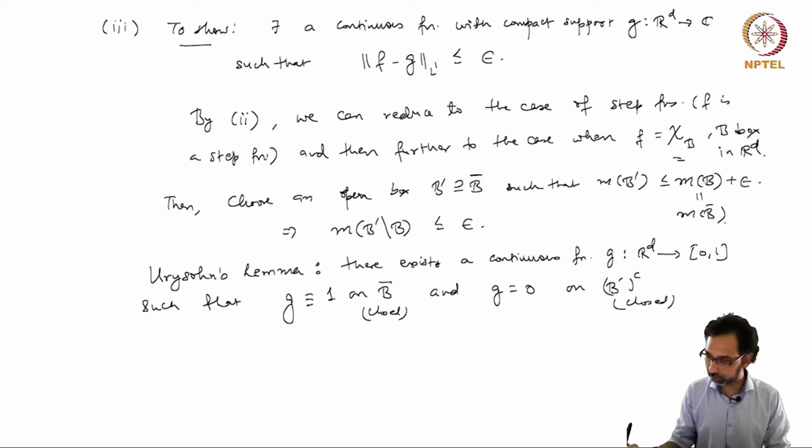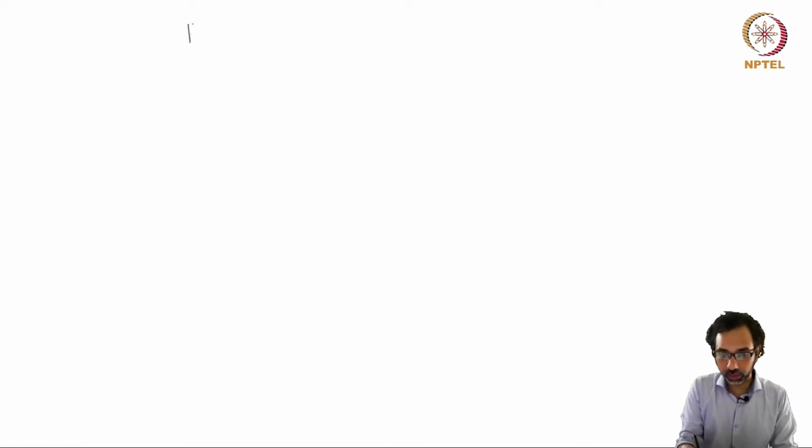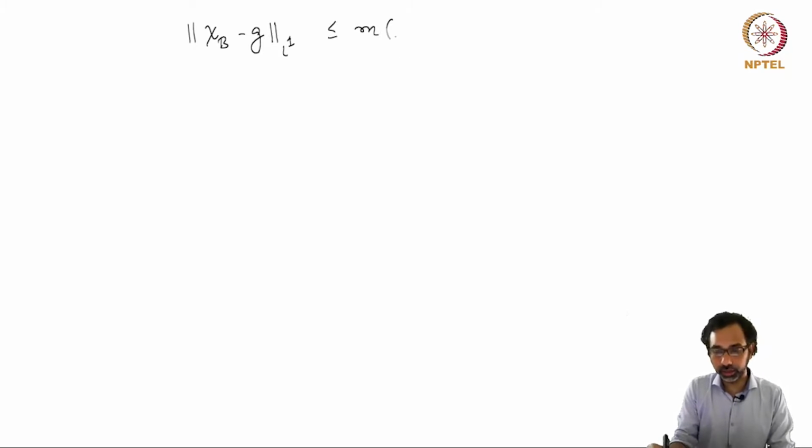So we are going to use this to determine our g. In fact this is the g we want, because the L1 norm of chi B minus this g is bounded above by the measure of B prime minus B bar. Indeed, g is 1 on B, and the only place where g is not equal to 0 is outside B, but it is again 0 outside B prime.